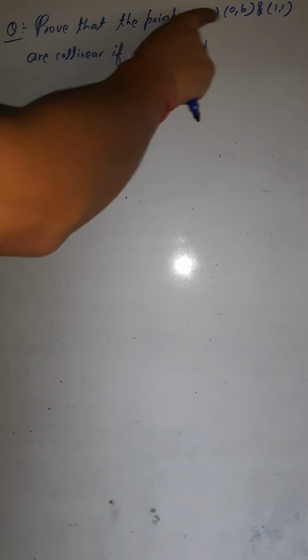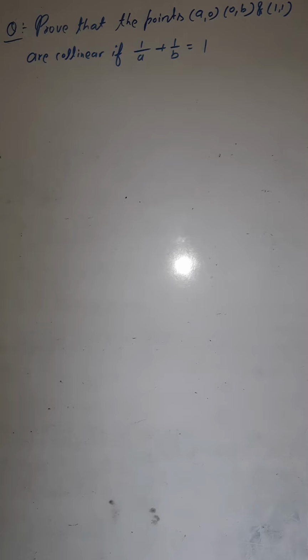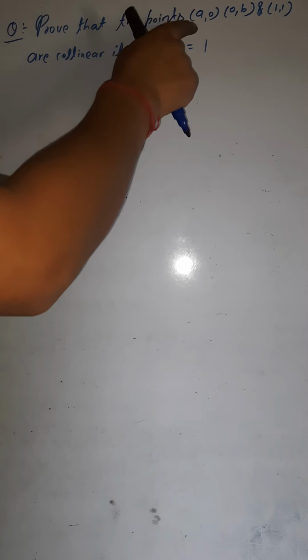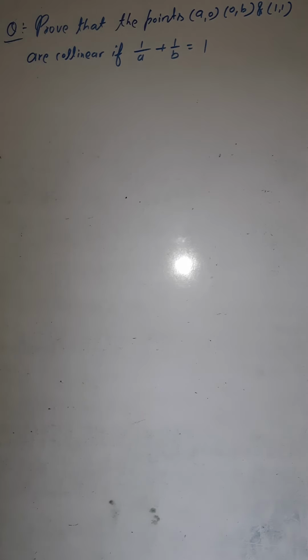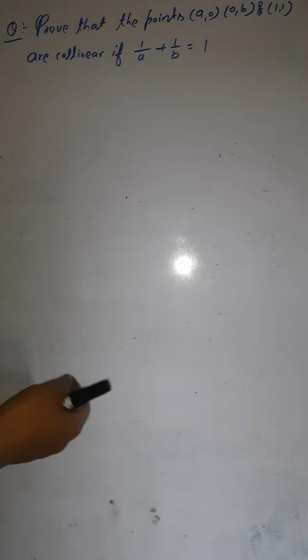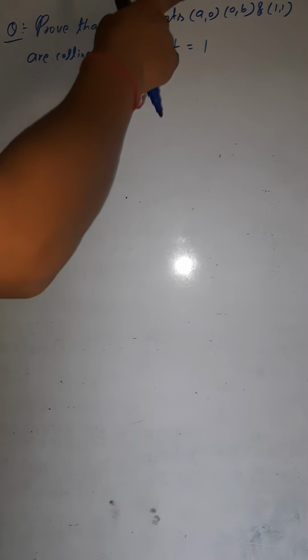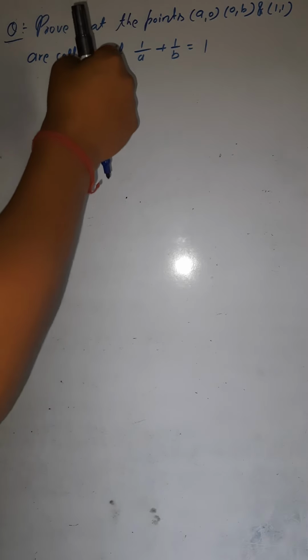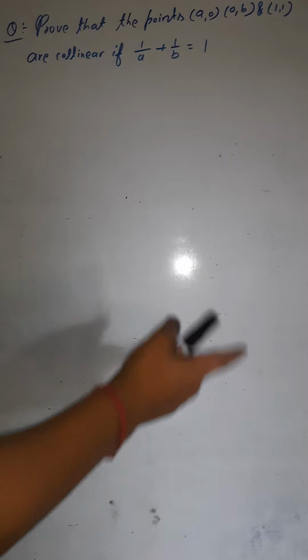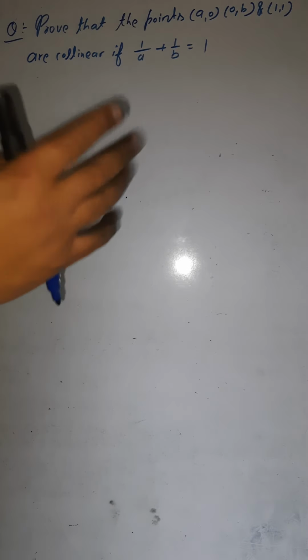So let's first check how these points are collinear. To show whether these 3 points are collinear or non-collinear, we have a method for that. That is, we are to find out the area of the triangle. If the area of the triangle is coming out to be 0, then you would call these 3 points collinear points.